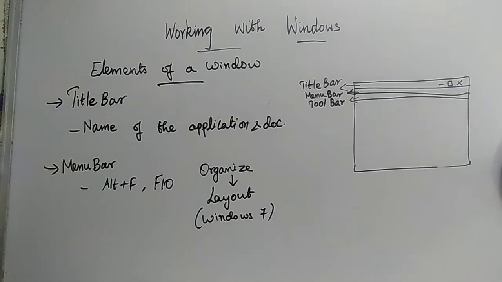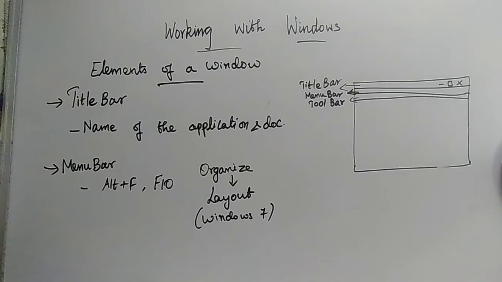The tools will be in small icons or figurative format. Instead of viewing things in words, you can have everything in a figure itself. Just by viewing that figure, you will be able to understand what the command is. That will be in your toolbar.